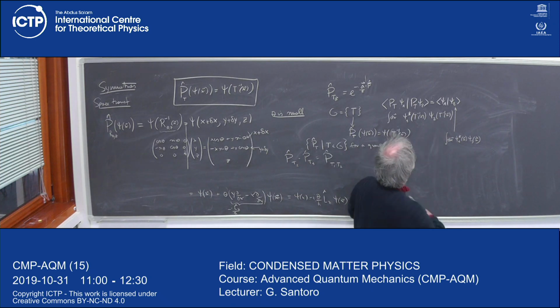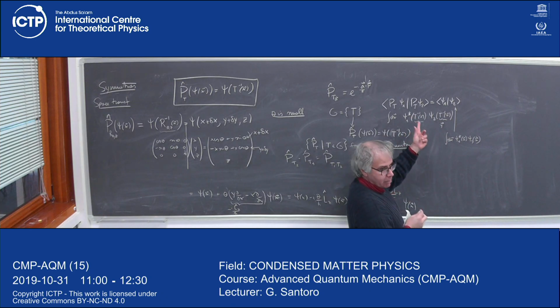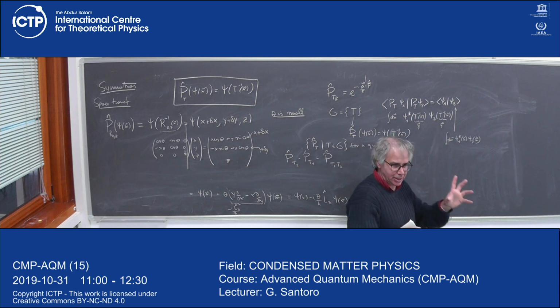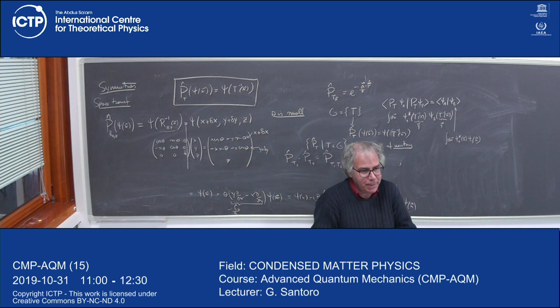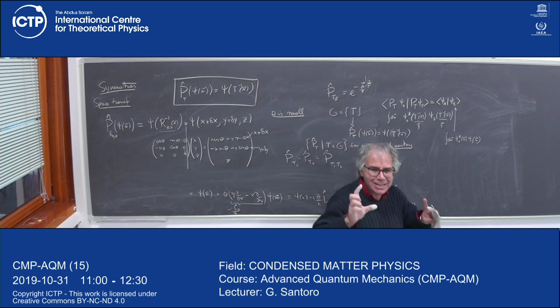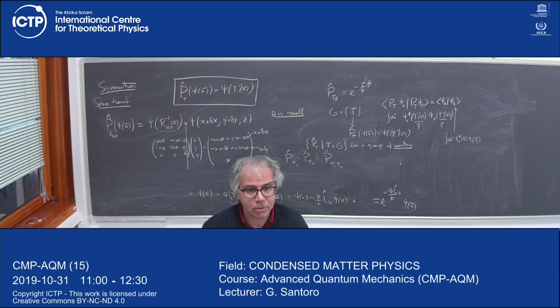But I can change variable, call y this point, and I'm integrating over all space with new variables. What is the Jacobian of this transformation? That's the important thing for the integral. Now, since the transformation is simply a translation and rotation, the volume of every element doesn't change. So the determinant of the Jacobian, which is what you need when you change variables in a multidimensional integral, is 1.